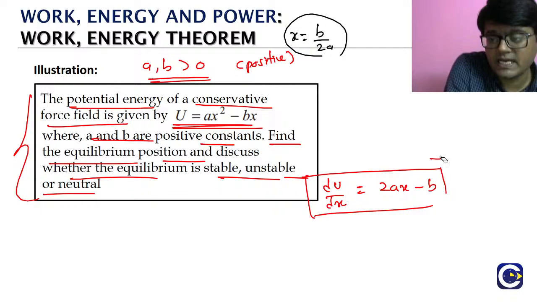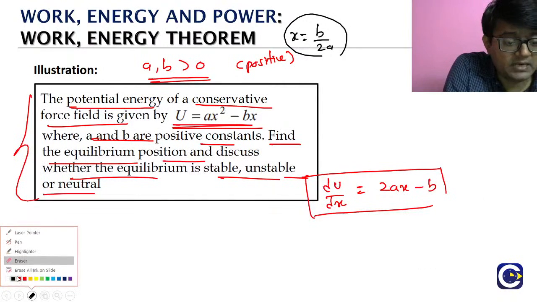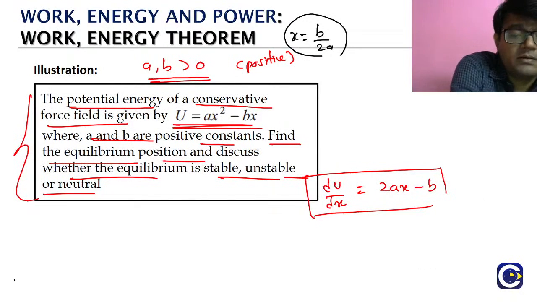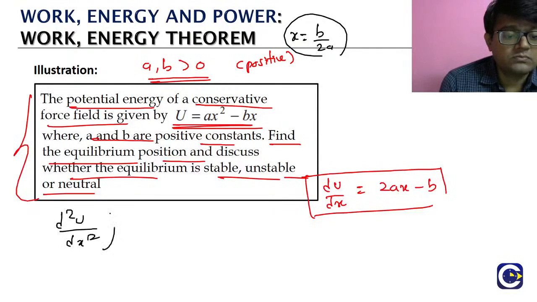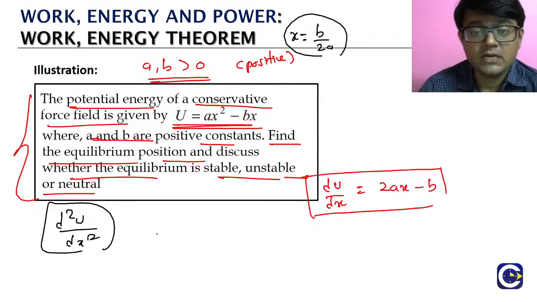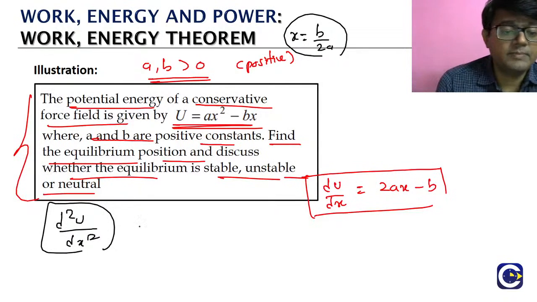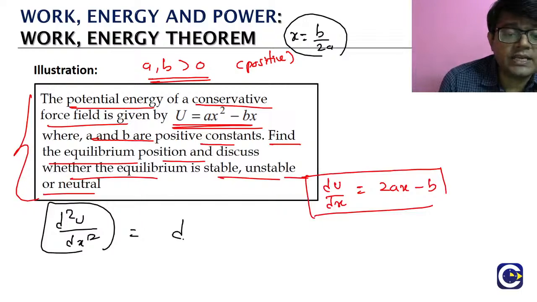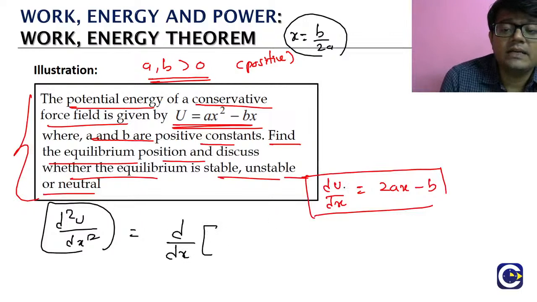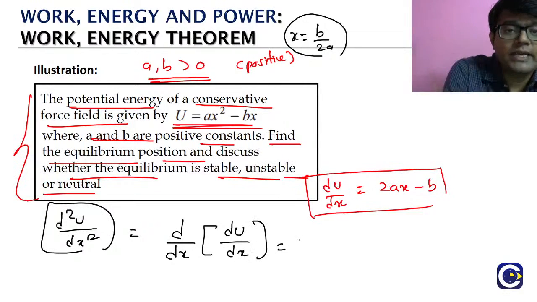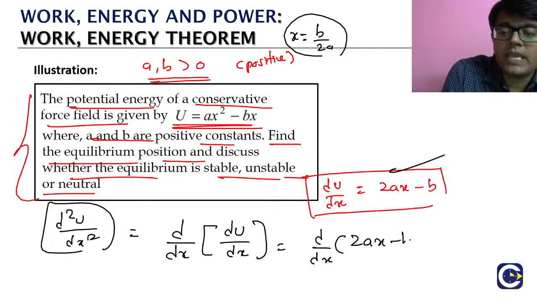How do we find that out? We can find it out only with the second derivative. How? The second derivative means we have to take a derivative of du by dx. We need to take the derivative again of du by dx, whose value is 2ax minus b, right. We need to take the derivative of this.